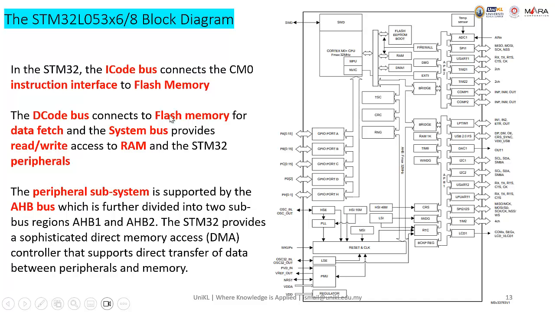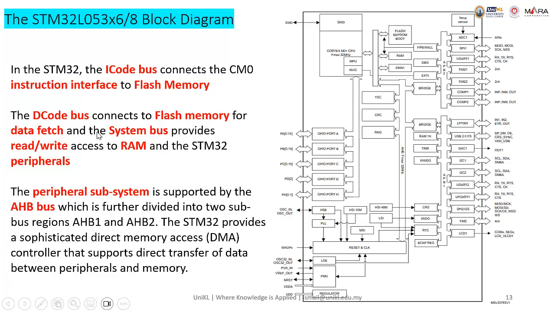So the data and the program or instructions are both placed in flash memory, but at different maps, different areas, right? Different areas.